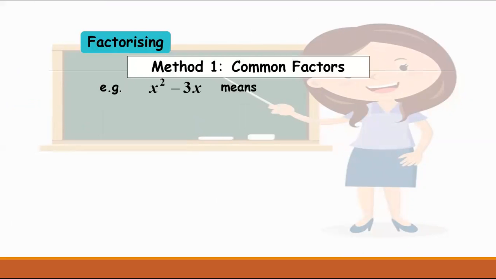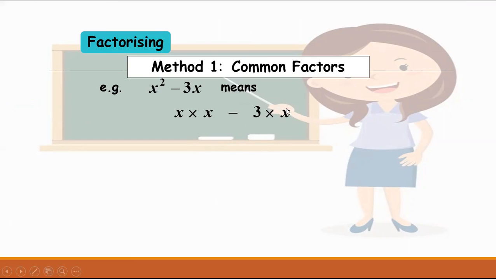Now, there are certain methods. The first method of factorization is common factors, which is the simplest method. Before taking common factors, we have to see what is common between both terms. If we have x squared minus 3x, the first term is a product of x and x, and the second term is the product of 3 and x.